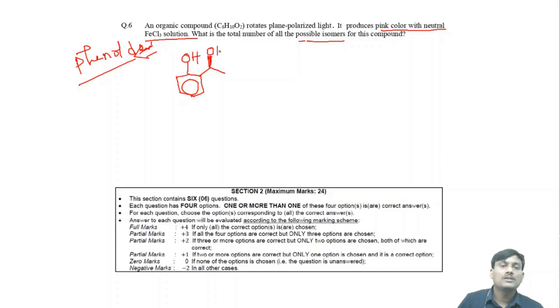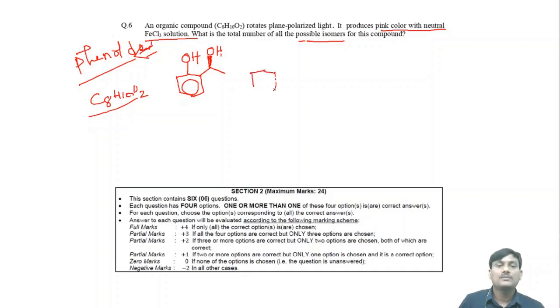If you take this molecule, it has the formula C8H10O2. The number of carbons 8, hydrogens 10, and oxygens 2. Okay, how many isomers are possible?